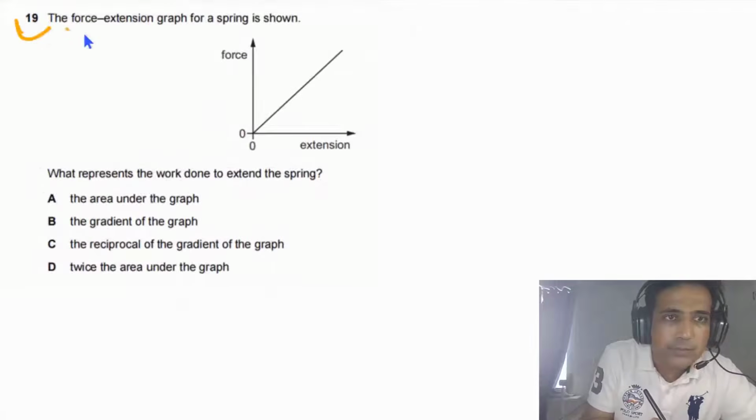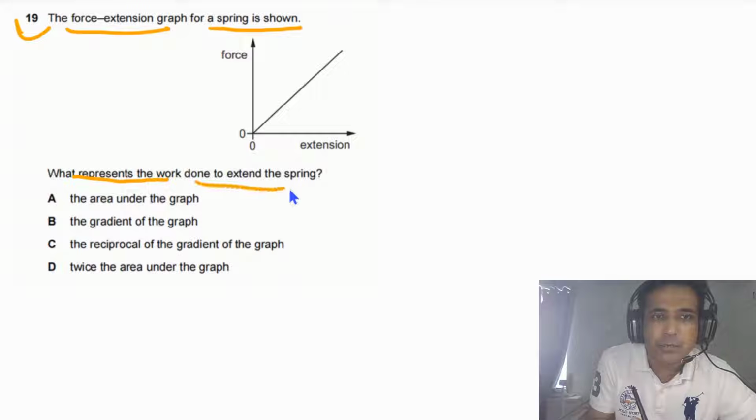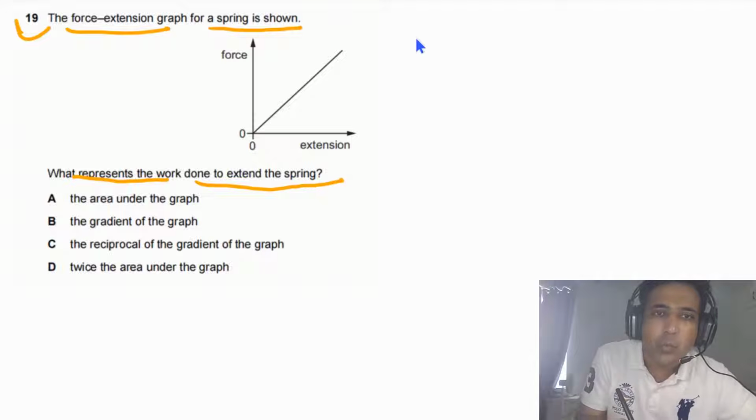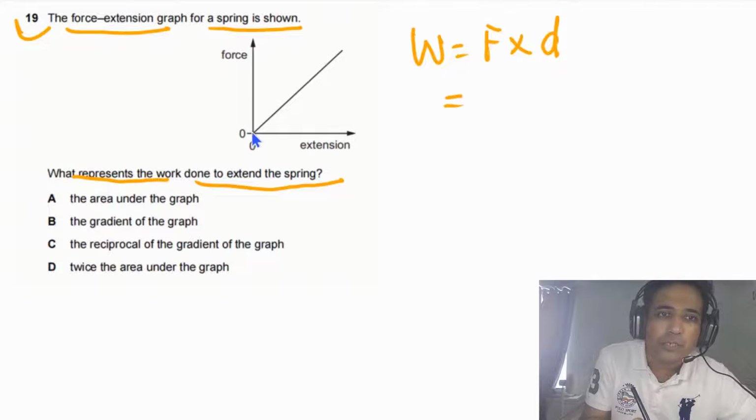Question 19 says the force extension graph for a spring is shown in the figure. What represents the work done to extend the spring? Work done, simply understand, work done is equal to force times displacement in the direction of force. In this case, force is not constant.